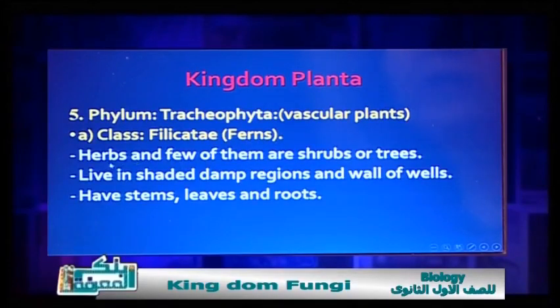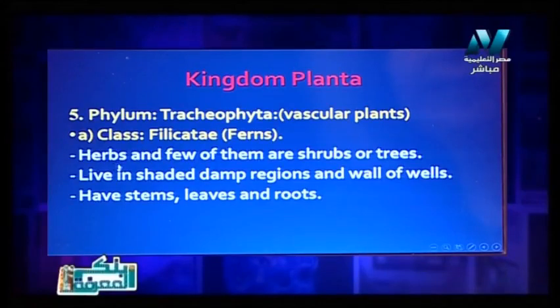The fern plants are huge in number, and they live also in damp soil and shaded places, and the walls of wells where water is present, because water is very important for these plants to carry out reproduction, because these plants produce male gametes which swim in this water until they reach the part of the plant where the female gametes are present to carry out the reproduction process, and this is one part of its life cycle.